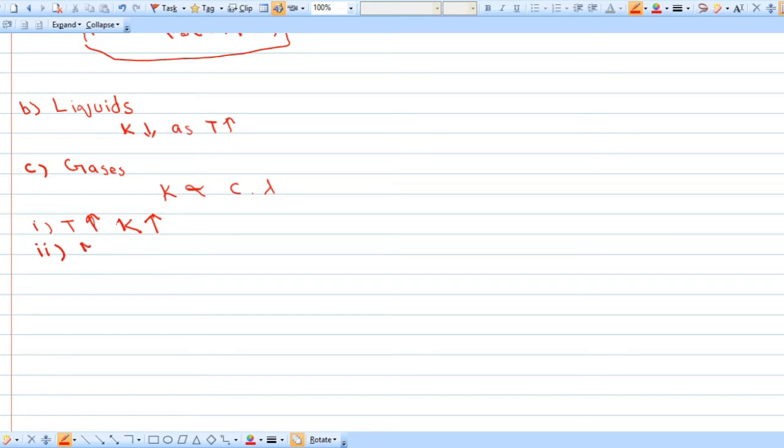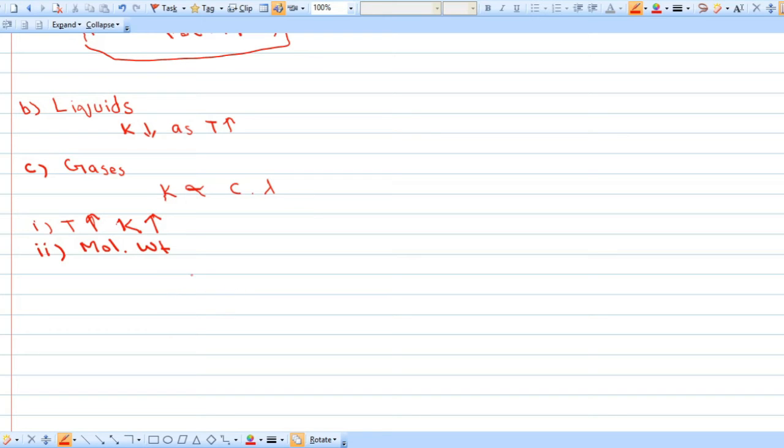Then there is the effect of molecular weight of the gas on thermal conductivity. As the molecular weight of the gas is increased, the density of the molecules is increased. With the increase of density of the molecules of the gas, the mean free path between the molecules is reduced. That's why thermal conductivity of the gas is reduced for increase in molecular weight.